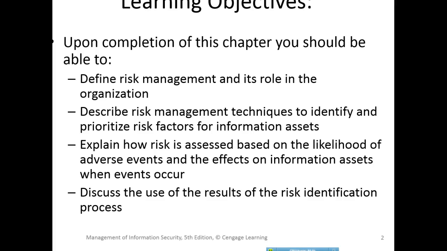Also, you should be able to explain how risk is assessed and its effects on information assets, and when an event occurs, how we can assess the risk based on the likelihood of the event that could happen. Also, you should be able to discuss the use of the results of the risk identification process, and how you can implement a risk management policy in the organization.